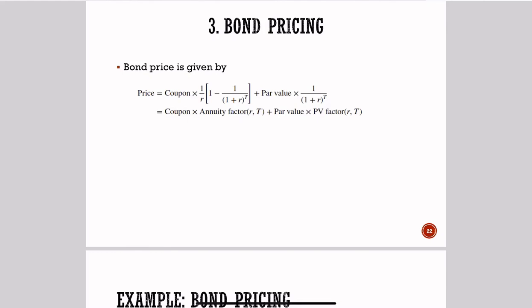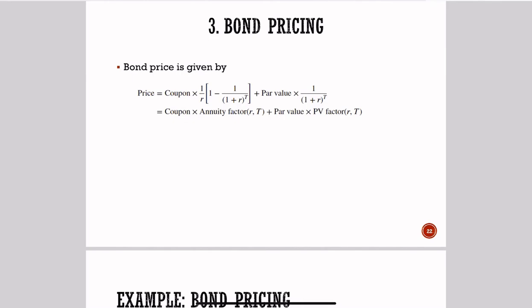Again, just think about the general framework of calculating present value. When you're calculating present value, you would think about two things: cash flows and discount factor, right? So here, you're essentially calculating the present value of the bond, which is the bond price.